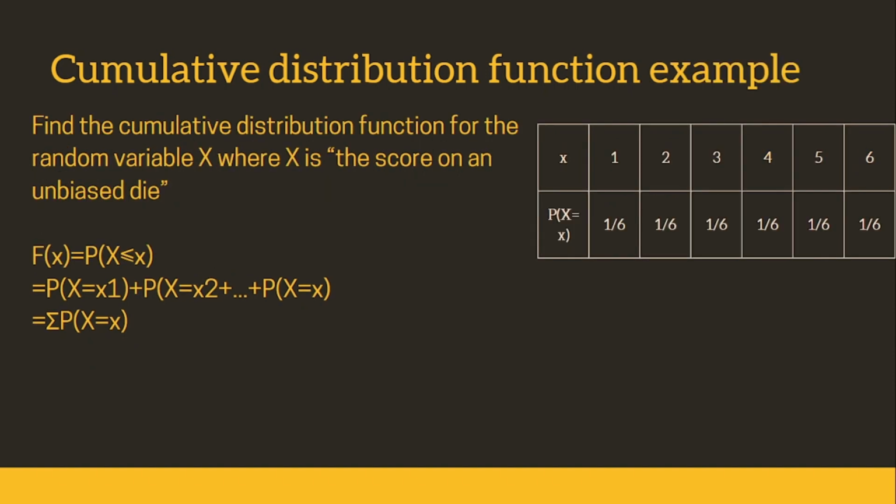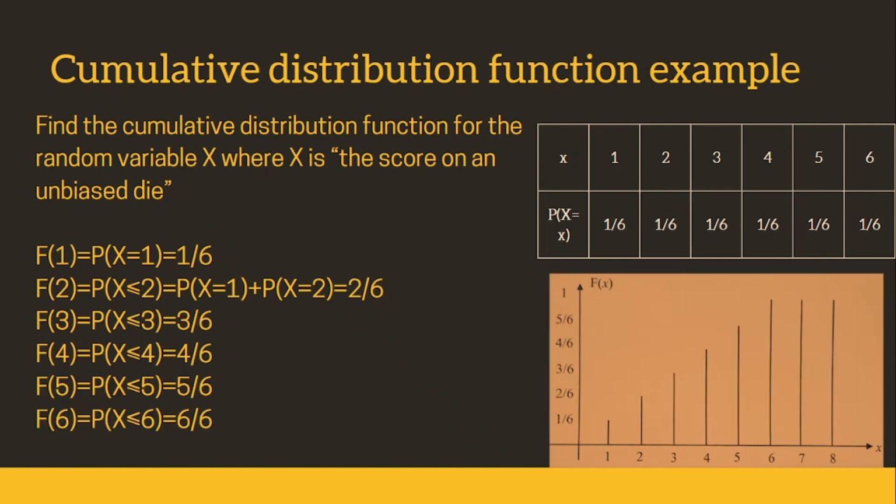So in this example, this is a table showing a pair of dice. If you want to find the cumulative distribution function, this is going to be finding the sum of the probabilities up to a certain score. In the case of F(1), it just means the probability that X equals 1, which in this case is just 1 over 6. But if you want F(2), you take the probability of X equals 1 and X equals 2, sum them together, and you get 2 over 6.